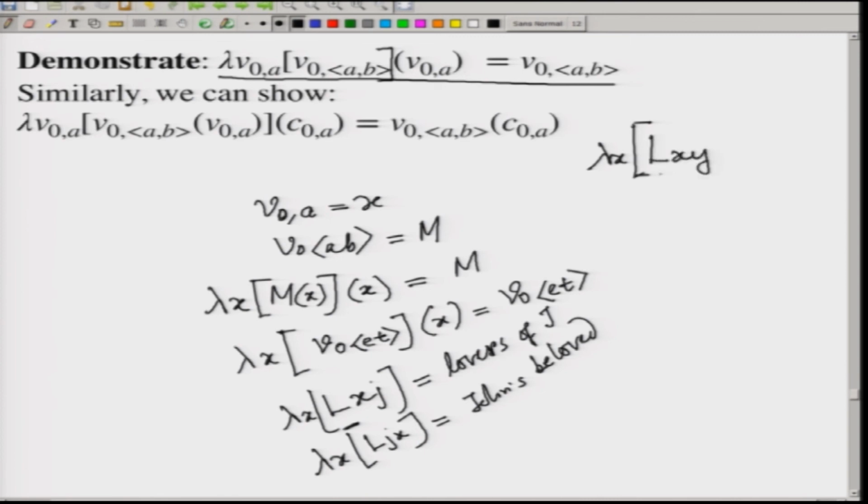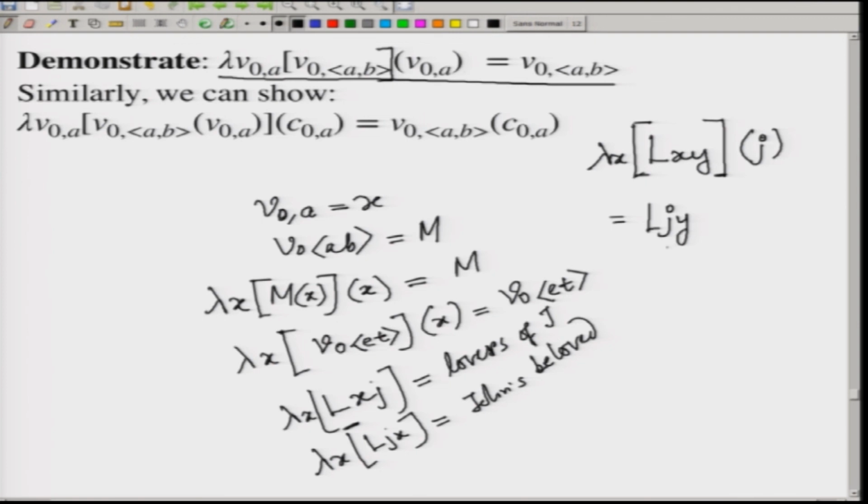Now this L is e to t, right, and when I give j to it, I get L j y.